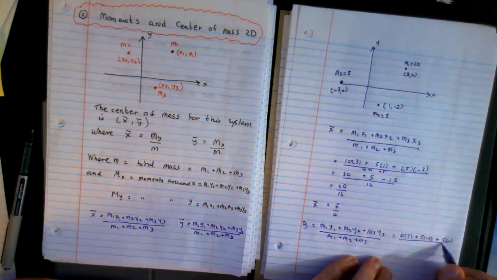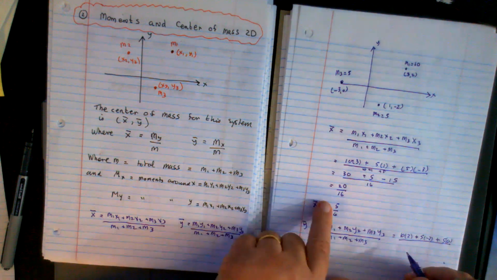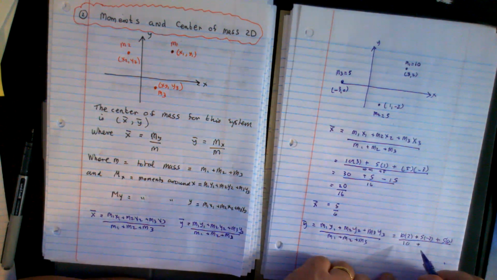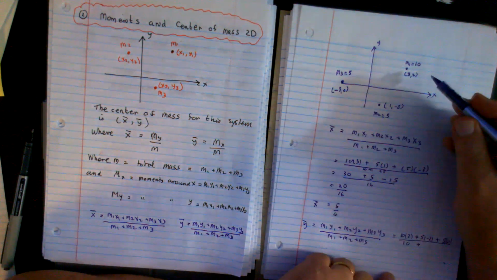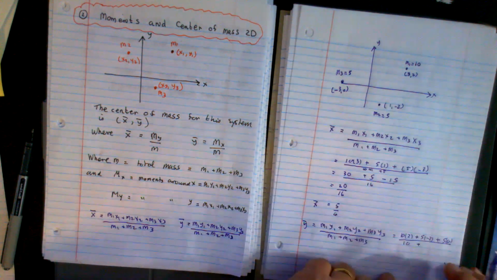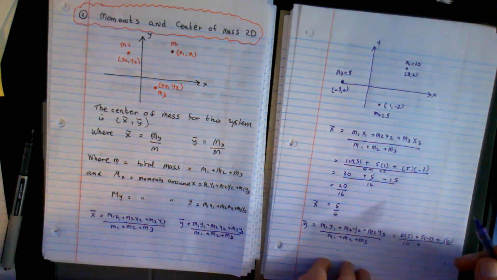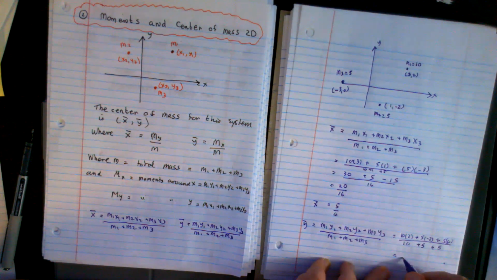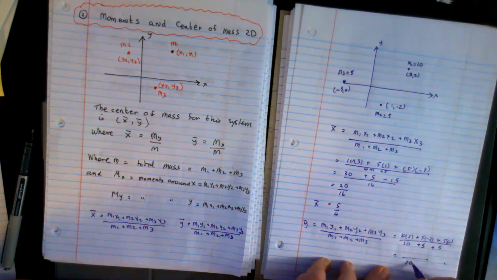And it's going to be over 10, 1 and 5. Oh dear. 10, 5, and 5. So the bottom is actually going to be 20. And the top is going to be 10. So that is a half.